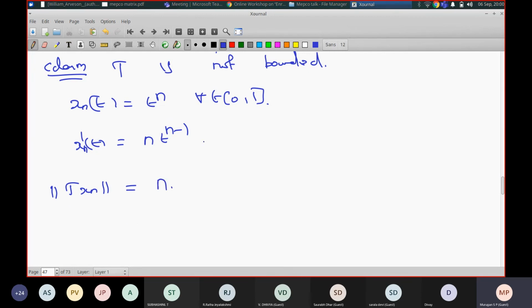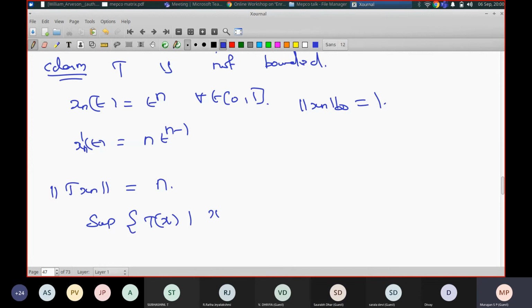But what is the norm of xn? Also note that the norm of xn is 1, right? So what is the supremum of the set of all norms of t of x? It should be the one norm, sir?